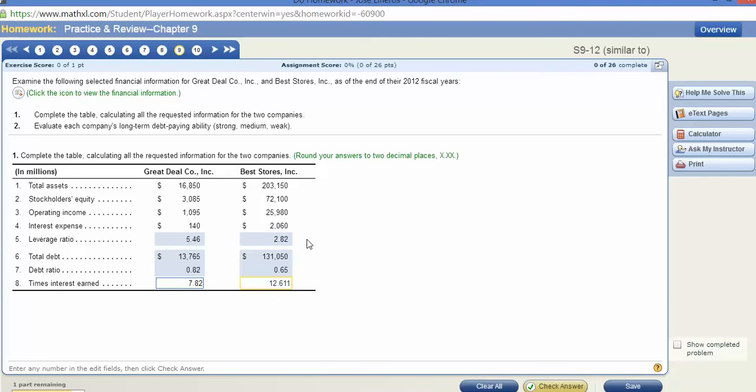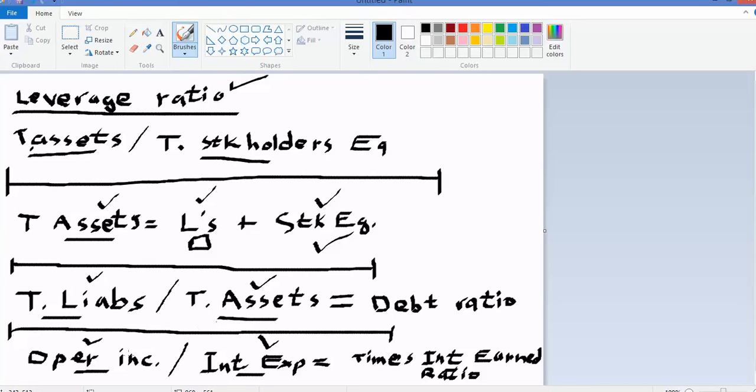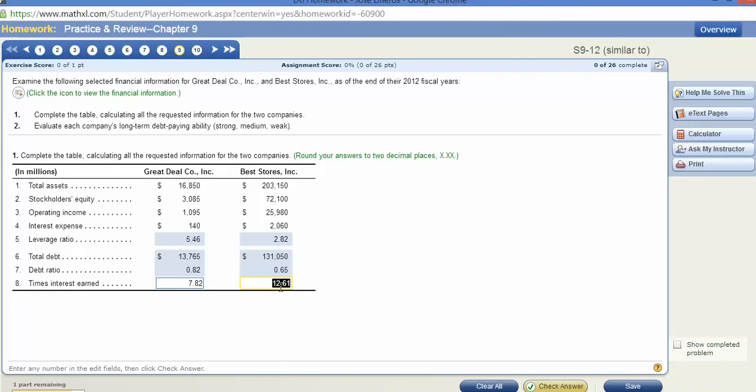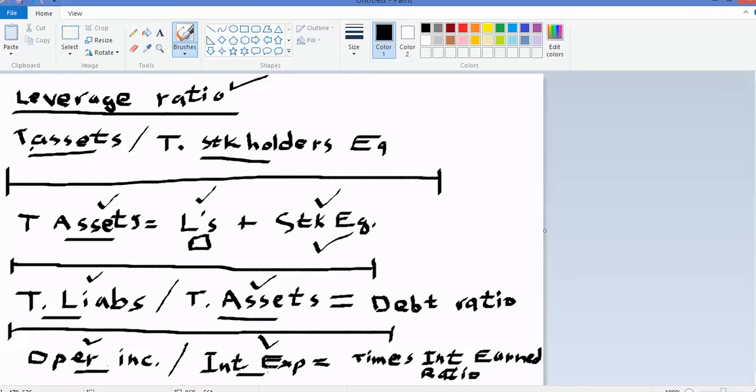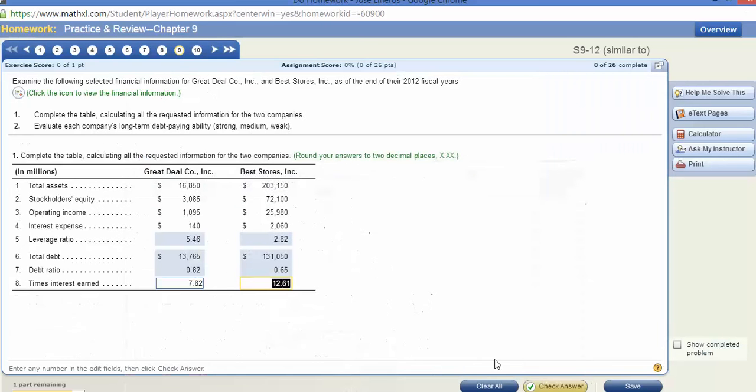We're rounding off to 2 to the right of the decimal, so we're going to just prune off that 1 and not make that 12.62. Here you can see, our good one here is operating income. So right off the bat, this is going to be better because you've got basically more operating income to cover a given interest expense.